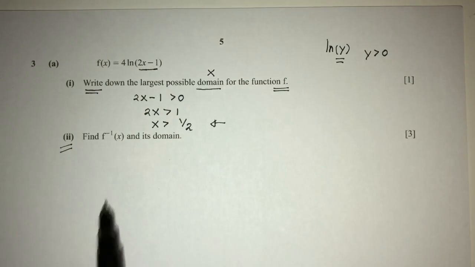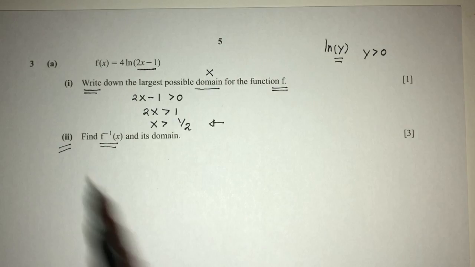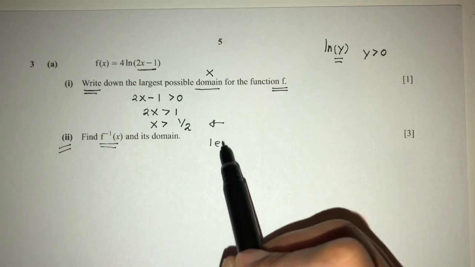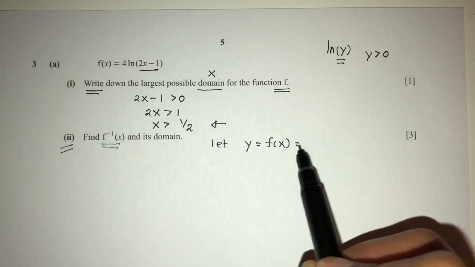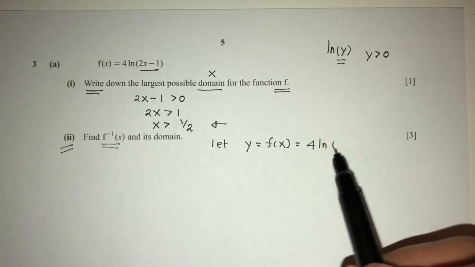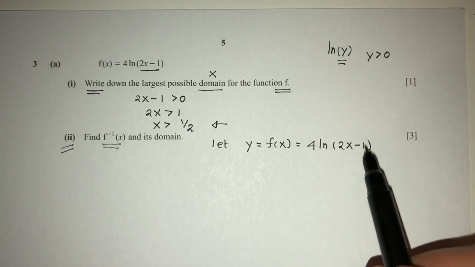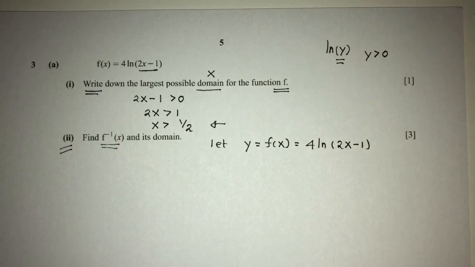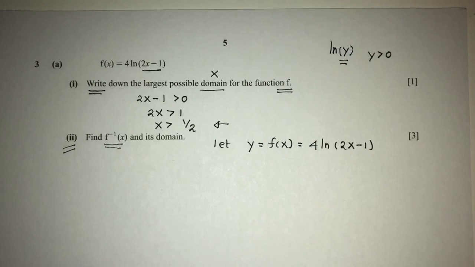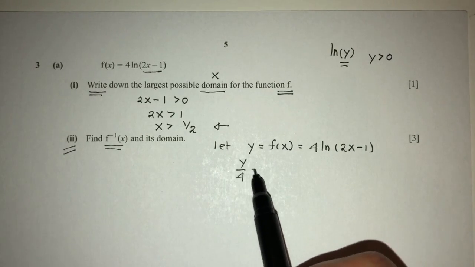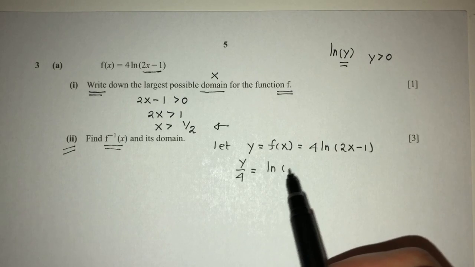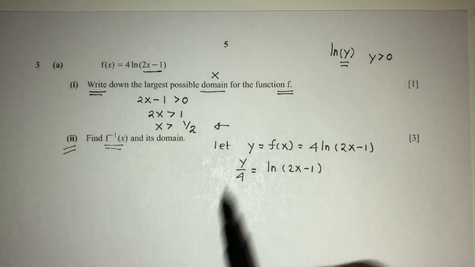Now part 2, we have to find f inverse. So step by step, as always, we'll first let y equal to f of x, which is 4 ln of 2x minus 1. Now we have to make x the subject of the formula. First divide by 4, you will have y over 4 is ln of 2x minus 1.